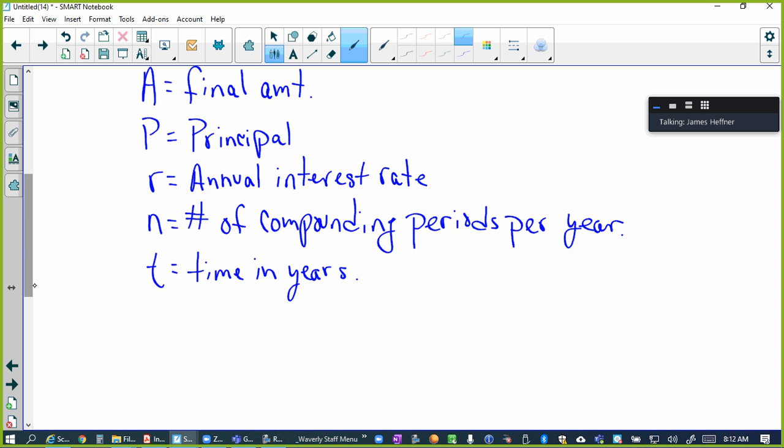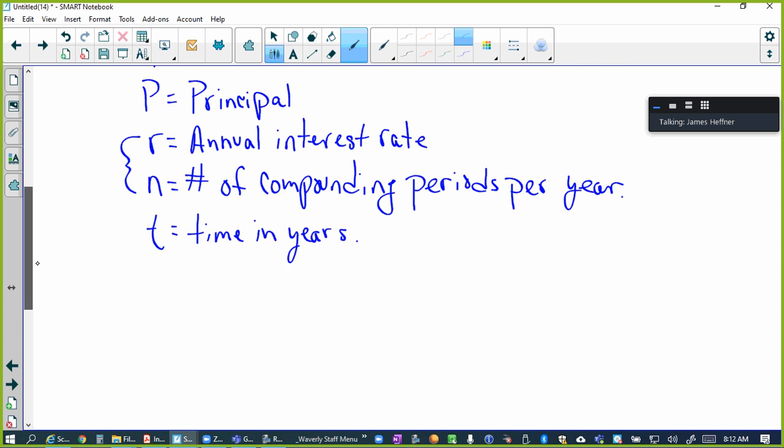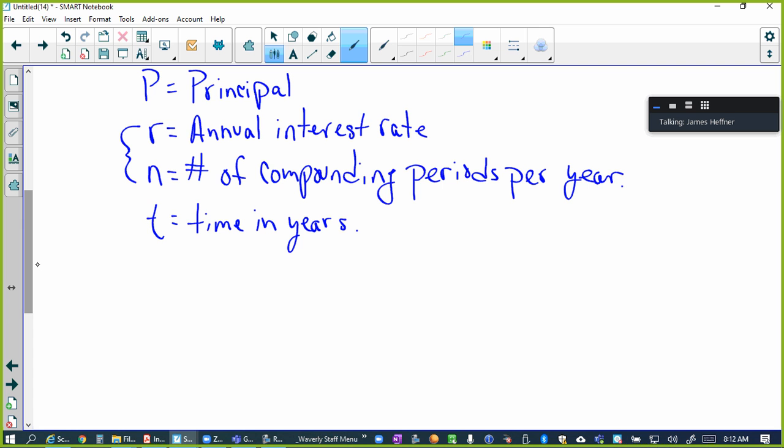So the interesting part here is that R is the annual, the yearly interest rate, okay? But if we take this R and N and divide them, so let's say it's 12% per year, how would you figure out the actual monthly periodic rate? It would be 12 divided by 12, it would be 1% per month. Does that make sense? Okay?